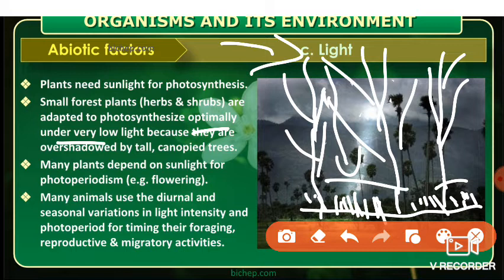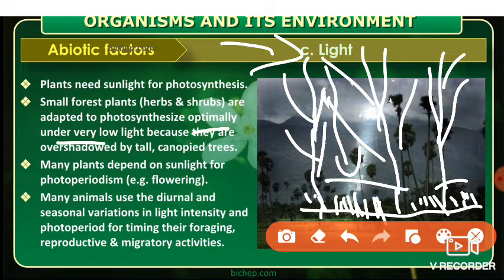Such adaptations they got because the light from these large trees will not reach the shrubs and herbs, so they have to adapt. With the help of low light they are able to grow properly. That is the thing.